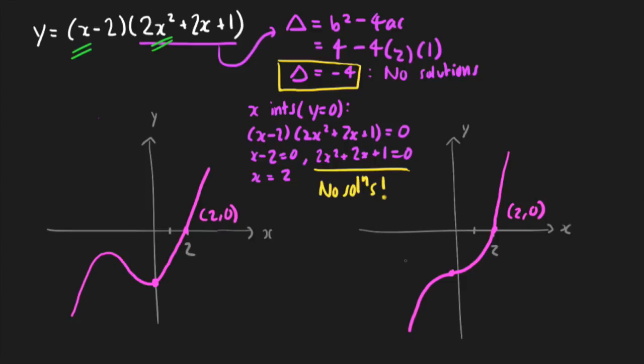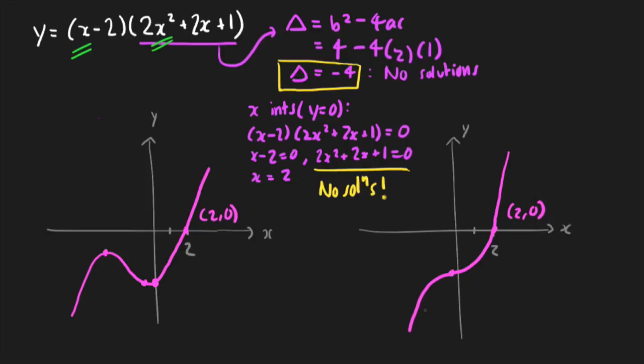Well, you can't until you use calculus. Calculus is a topic we'll cover a bit later, and that will allow you to find the coordinates of the turning points of any cubic, any quartic, any polynomial whatsoever. Once you can do that, you can see how many turning points the graph has. If it has 2 turning points, it's going to be this. If it only has 1 turning point, it could be this.